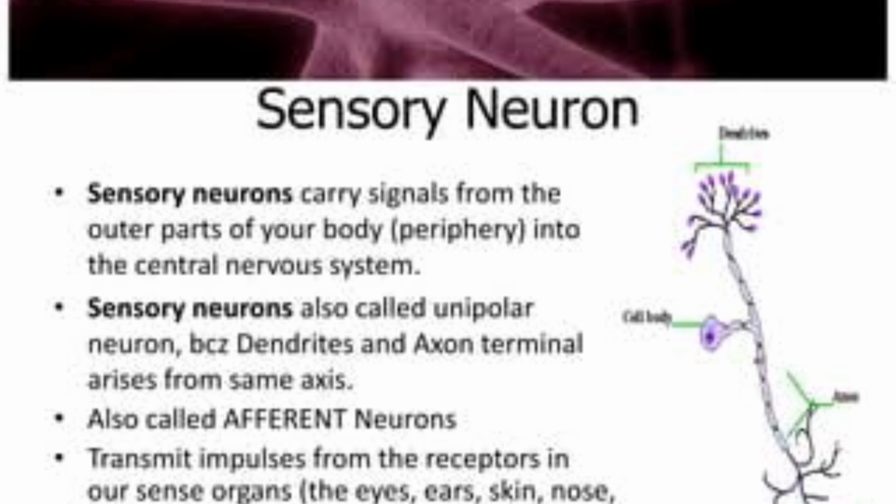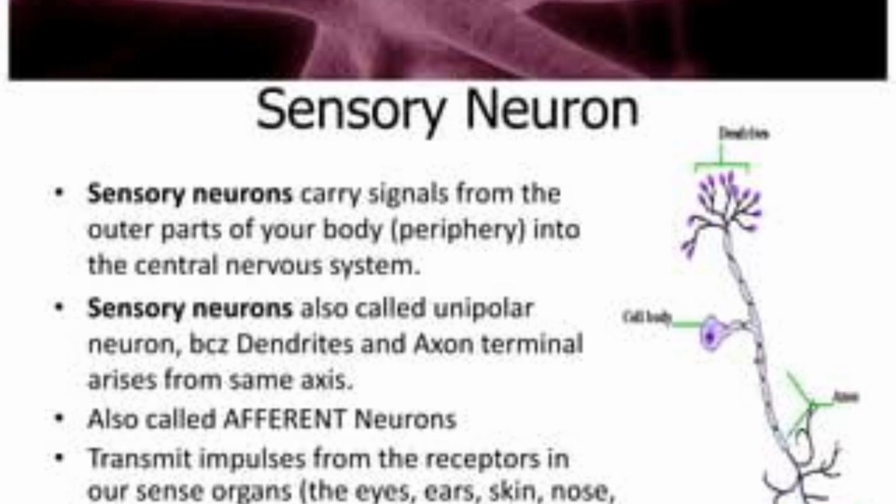When the external stimulus comes, these receptors receive the stimulus and it is converted into internal stimulus. This sensory input stimulates the sensory neuron, which then sends sensory information to the brain and to the spinal cord. So the sensory neuron helps to convert the external stimulus into internal stimulus and to send it to the brain.